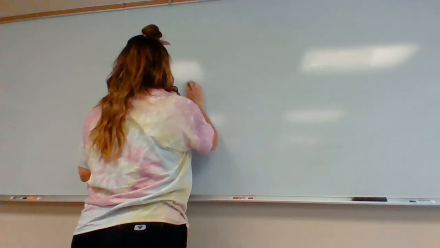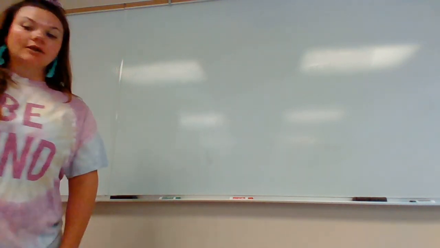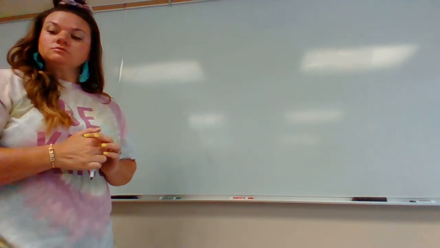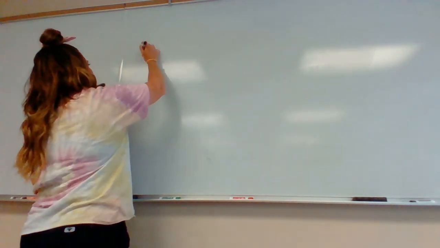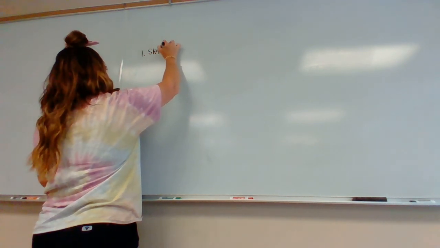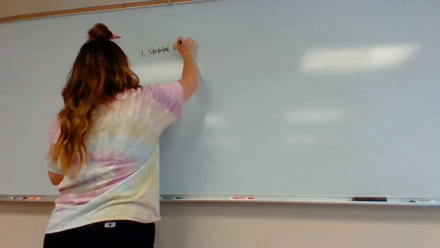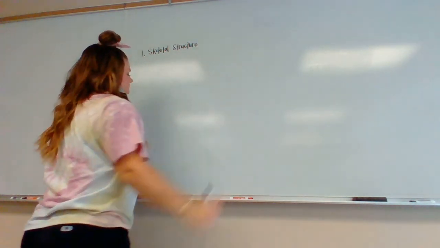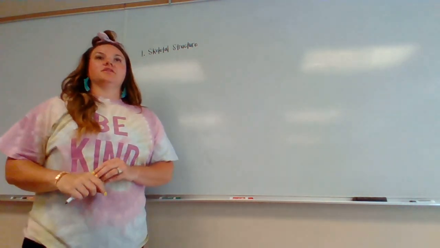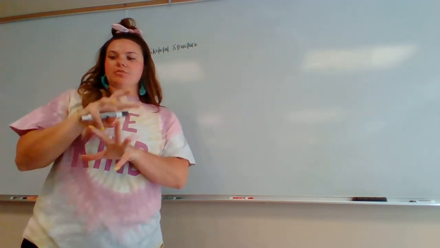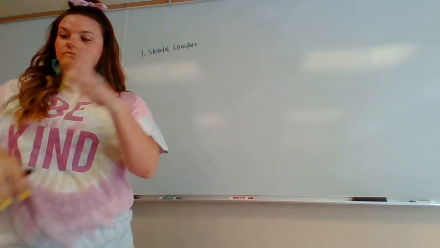The first step in drawing a Lewis structure is to draw a skeletal structure. Step 1, we're going to draw a skeletal structure. The skeletal structure is just showing what atoms are bonded to each other.